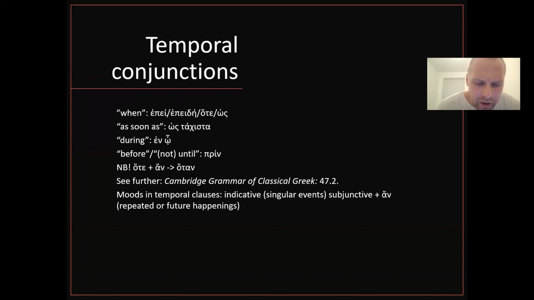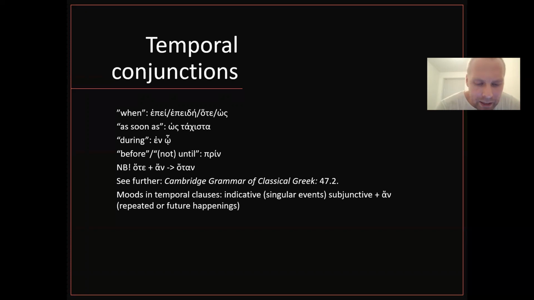And when the latter is combined with the superlative tachista, we get hos tachista, which means as soon as. And heos, again, which actually formally is a preposition in connection with the relative pronoun, can be used as a temporal conjunction in the meaning of during. And then we have prin, which can mean either before or not until.